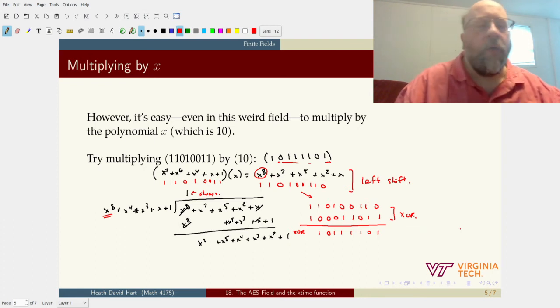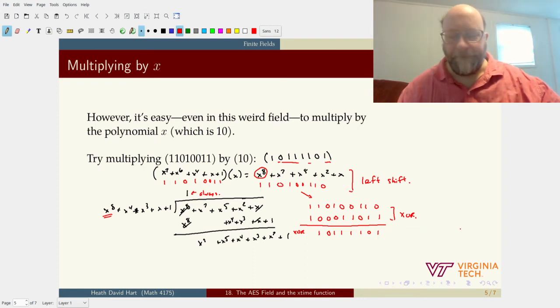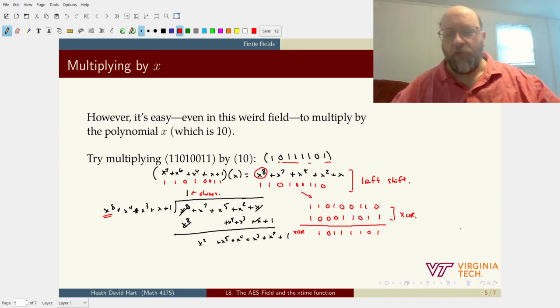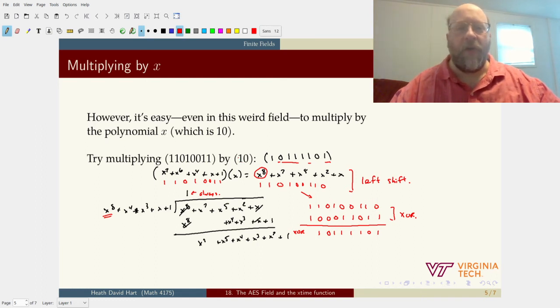And so while in general, multiplication in this field is tricky to do in code, multiplying by 1, 0, which is the polynomial x, consists of three parts. We do a left shift, then we check to see if we have an 8th power.